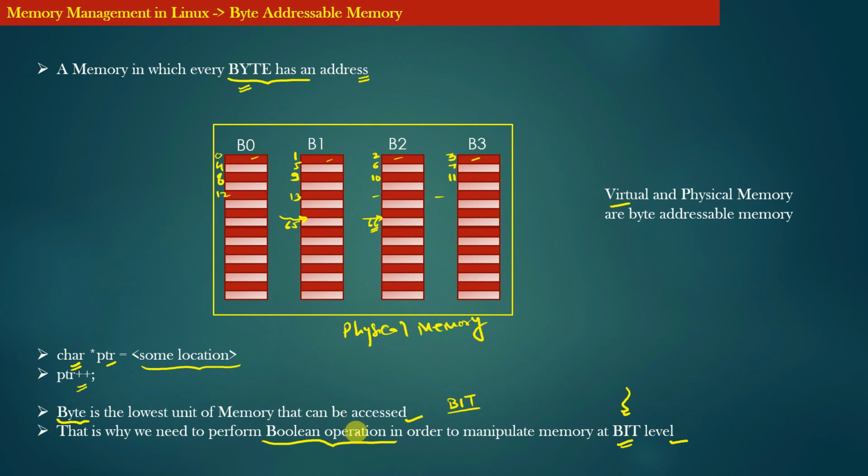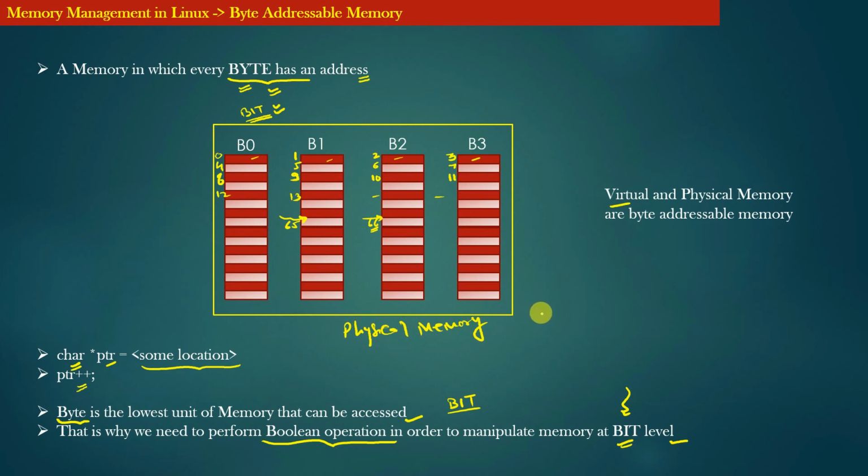So it is for this reason, because your memory is byte addressable memory, that there are no data types called bits in the programming language, and hence you cannot access memory at bit level. So the conclusion is that our physical and virtual memory are byte addressable memory, and every byte has an address.